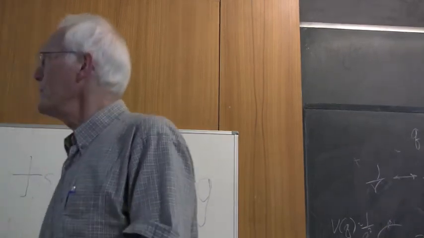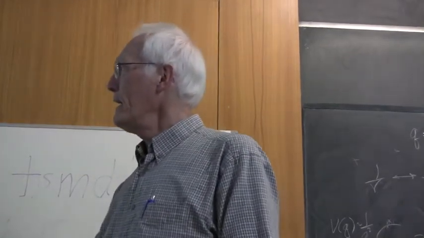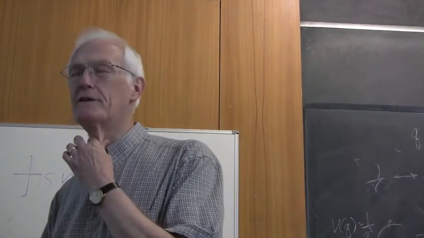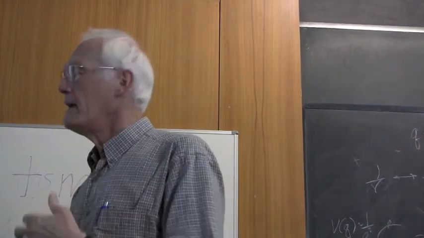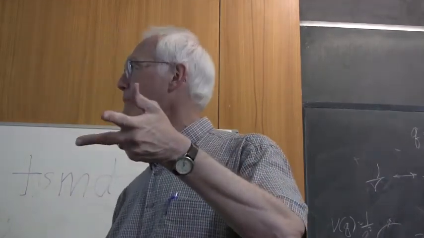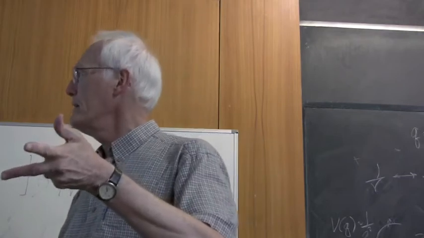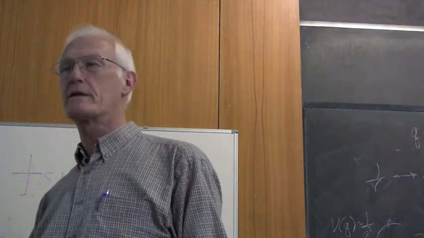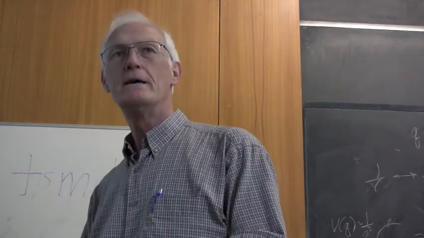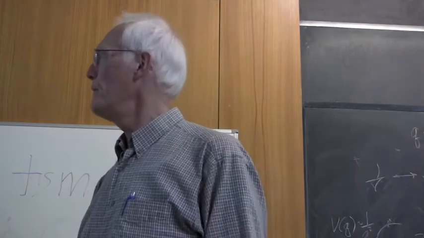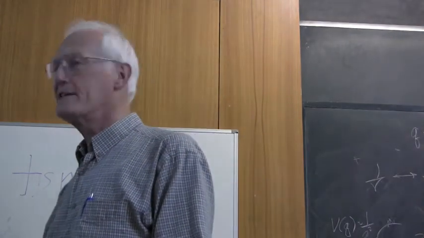So what do you do? By definition, if you don't have time reversal symmetry broken, that means that at every point in space, the probability of finding an up spin is equal to the probability of finding a down spin. So if it doesn't have magnetic order, this is just true. It's correct.